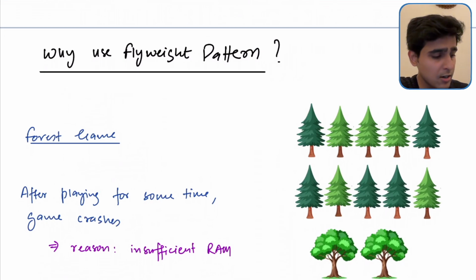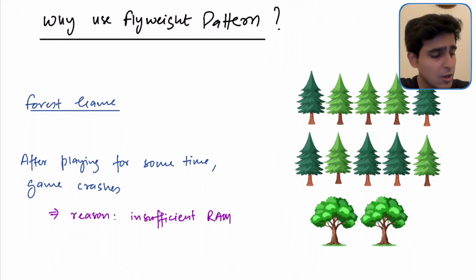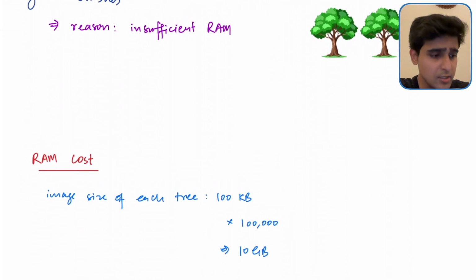The reason turned out to be insufficient RAM. Somehow the game is taking a lot of memory over time. If the user plays for, let's say, 10-15 minutes, the game crashes, not in the beginning but over time. After some inspection of the logs, we notice that the issue is insufficient RAM. Now why?